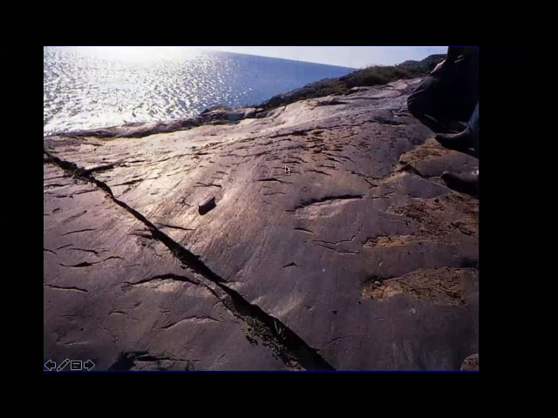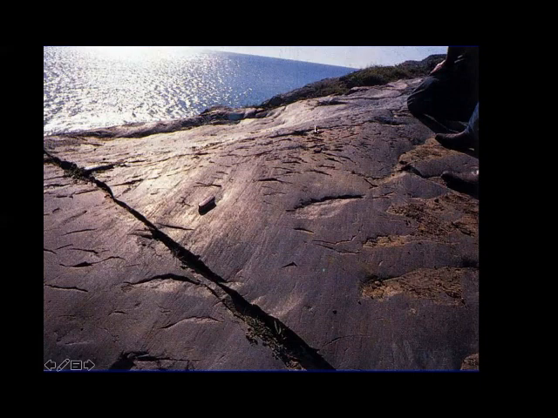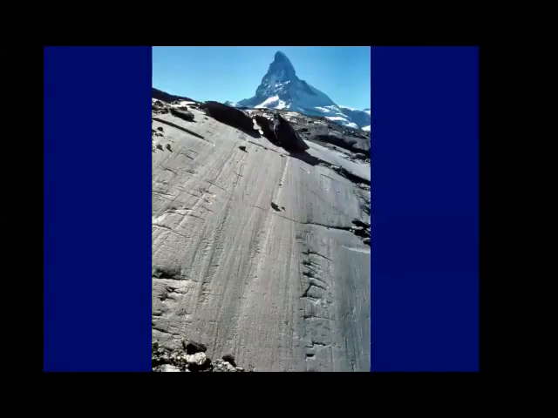But as the glaciers go over rocks, they'll smooth them down, they'll create striations, and then they will create little gouges, crescentic gouges and lunate furrows, and it will show you the direction that the rock is moving. Here is the Matterhorn.